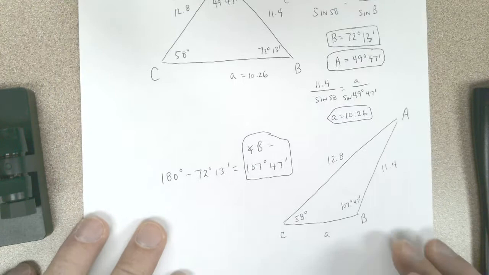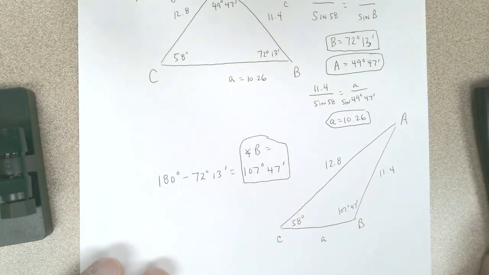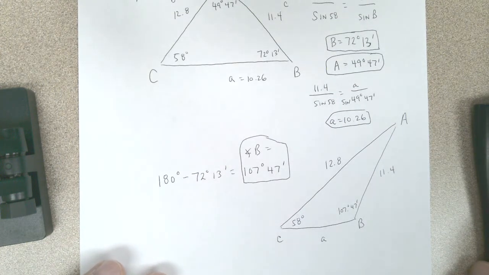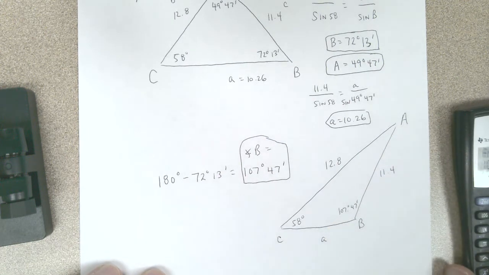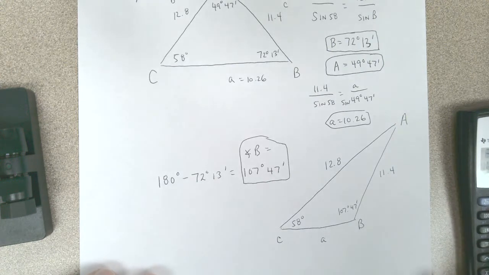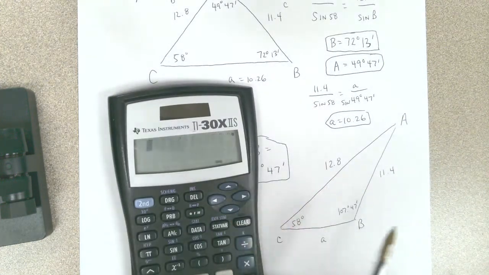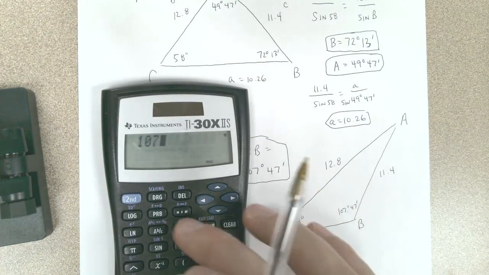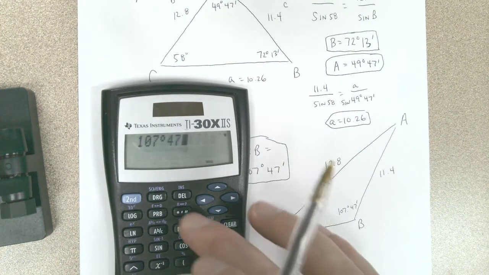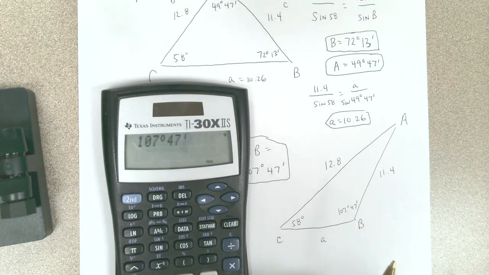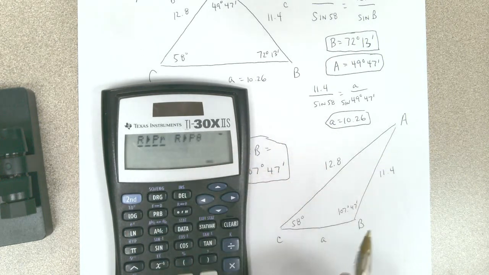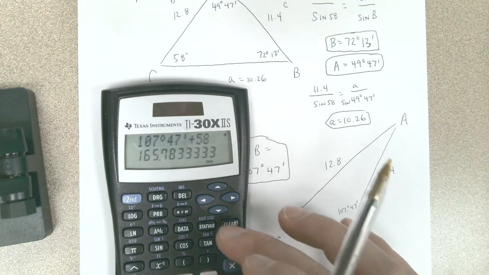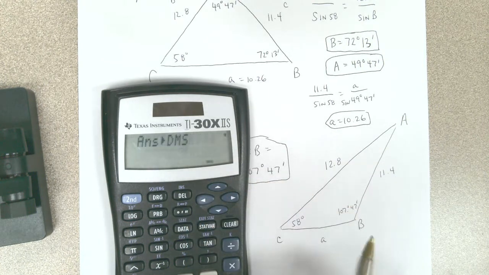I go back down here to my second triangle. I still need to find my angle A and then my side a. So I do 107 degrees, 47 minutes, and I add to that 58 and change that back to degrees, minutes, and seconds.